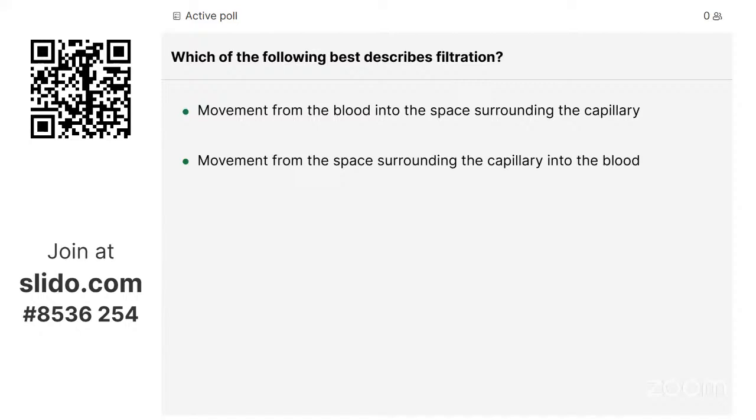Okay. So we're going to be talking about net filtration pressures. So we want to make sure that we know what filtration is as we get started. Okay. So which of these things is filtration?